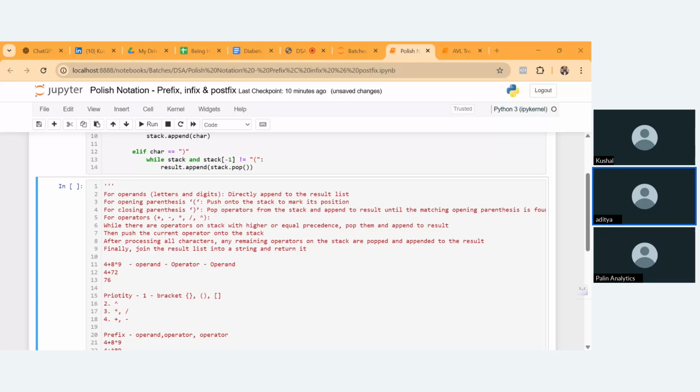Okay, Aditya, just tell me one thing. How do you find whatever I have taught you in DSA, including polish notation? How do you rate me out of 10 in this entire session?